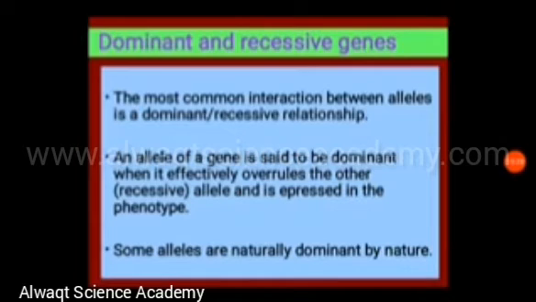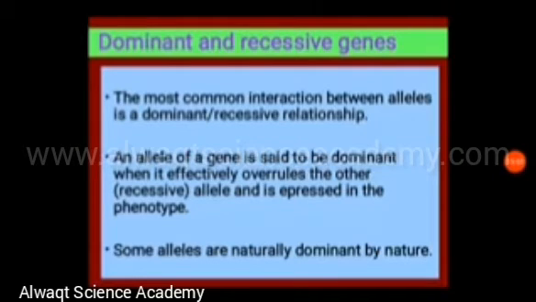So in the case of an individual that has inherited the allele for normal skin color from the mother, and the allele for abnormal skin color from the father, one of these two genes will determine the color of the skin of the individual.